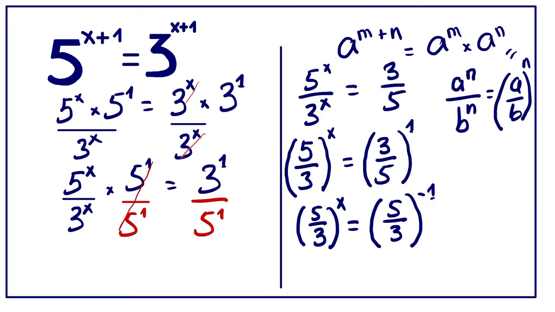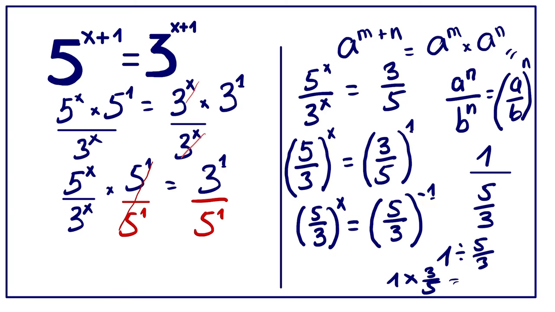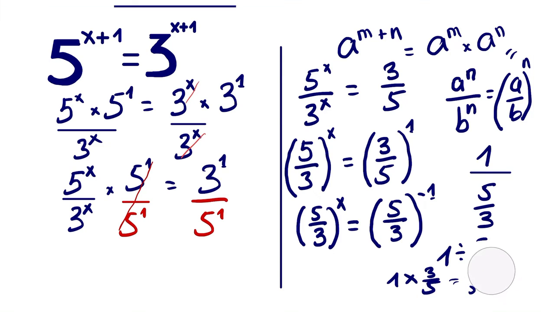If we want to turn this into positive, we write 1 over 5 divided by 3. So this is 1 divided by 5 over 3. If we multiply, it will invert, changing division to multiplication, 3 over 5. We can see that it's the same thing. So we just need to invert.